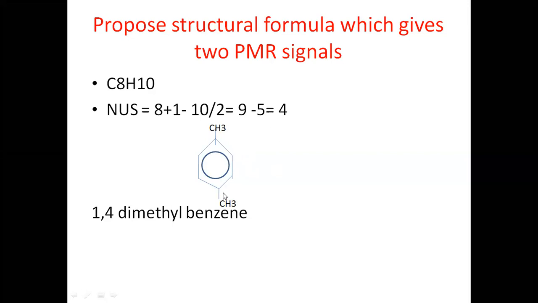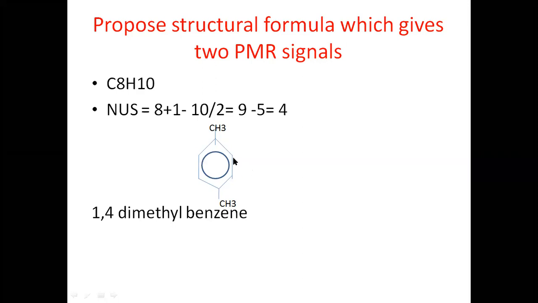How will you get two PMR signals now? One signal will be for the two CH3 groups. This will of course be a singlet, a singlet having 6 hydrogen atoms.